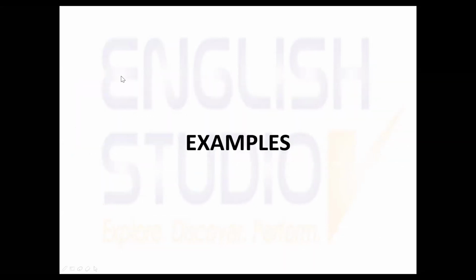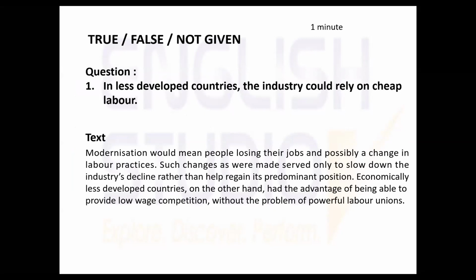So let's move to the next slide. Now here are the examples. You have to find the answer. Is it true, false, or not given? Here we have the question. In less developed countries, the industry could rely on cheap labor. By the way, don't forget, always read the question instruction first.